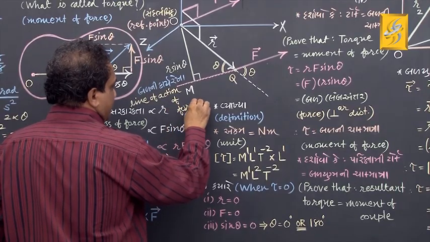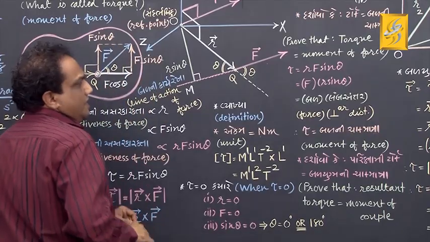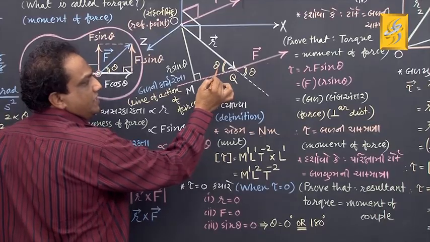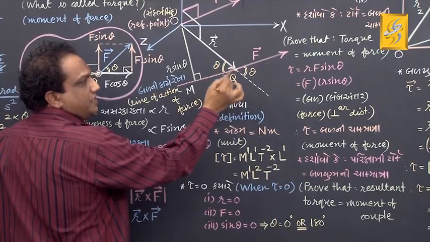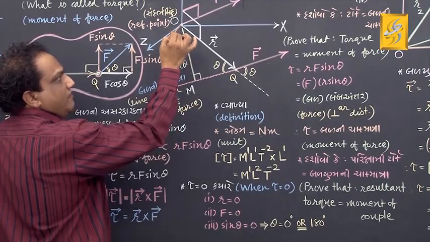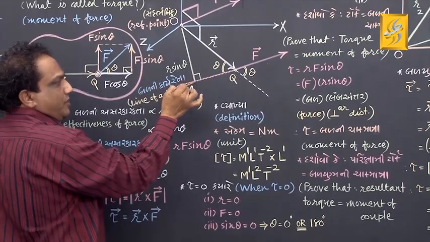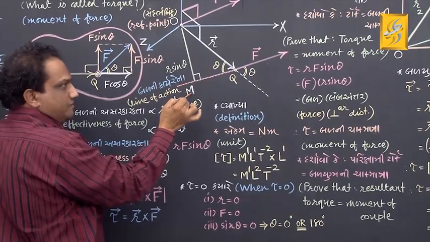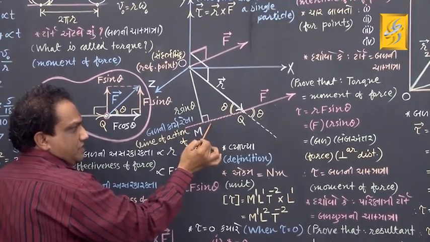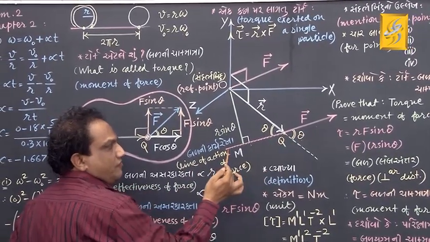Now tell me, if this angle is theta, naturally this also will be theta, vertically opposite. Now just draw one perpendicular from the reference point onto this line of action of force. When you draw the perpendicular, this is the foot of the perpendicular. So now this will give you the perpendicular distance of this reference point from this line of action of force.